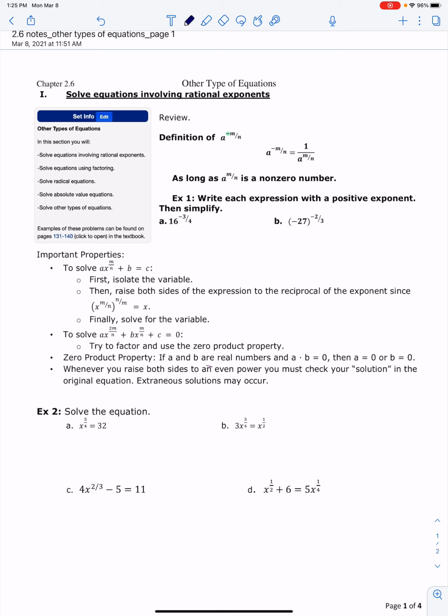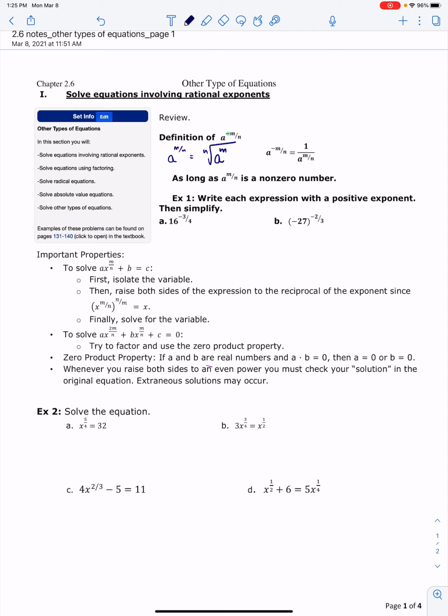I do want to talk about what a to the m over n means. The exponent, the numerator, is always the power on our base. That denominator is always the index on our root. So a to the m/n means the nth root of a to the m.